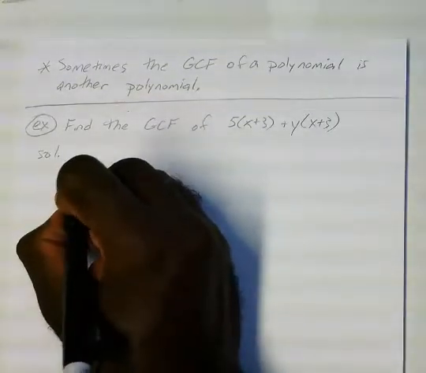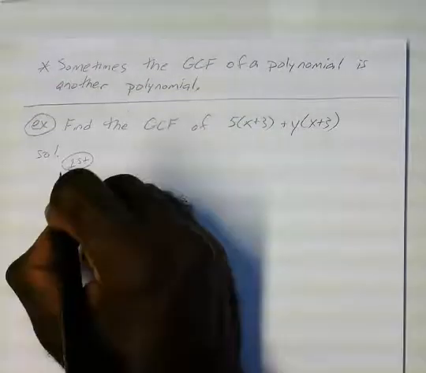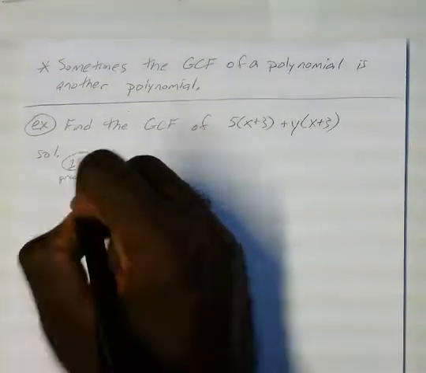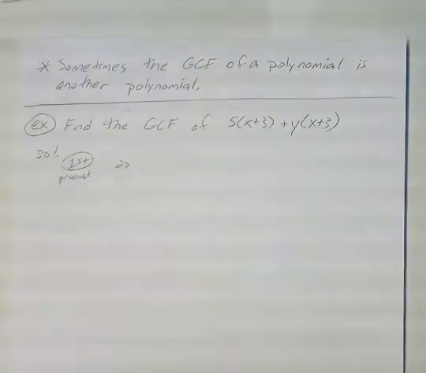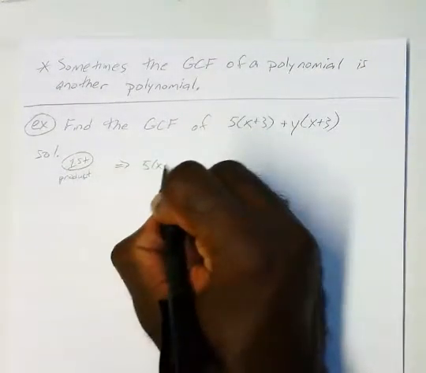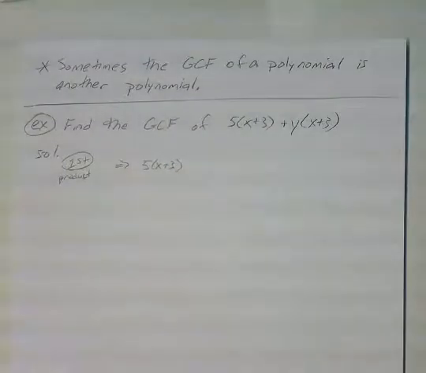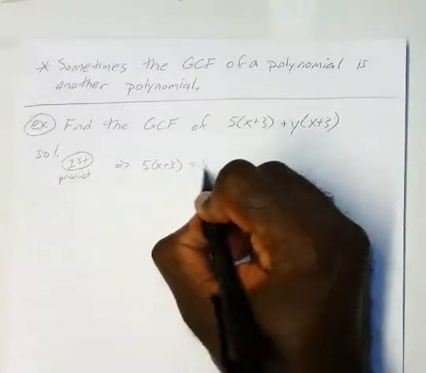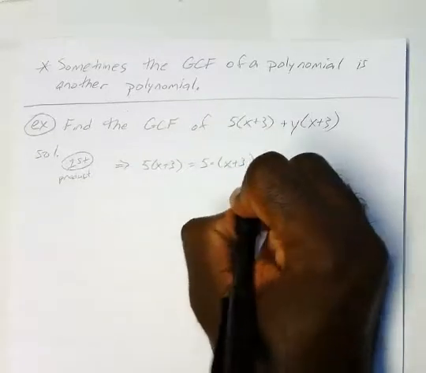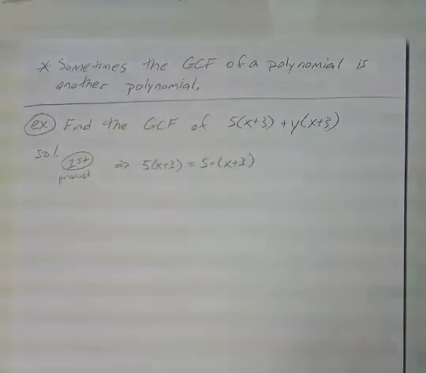Alright, so first, remember our first step. You have to find the product of primes, or in this case, you just have to factor it. So 5 times (x + 3) is just 5 times (x + 3). Nothing really fancy about that.